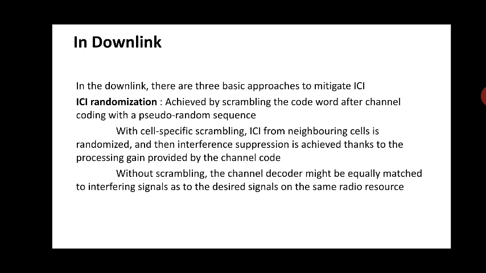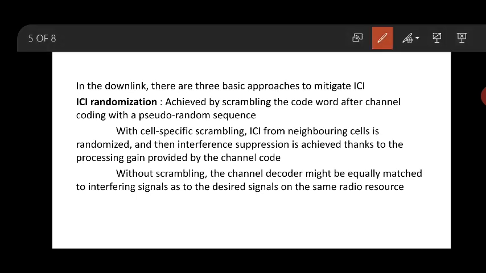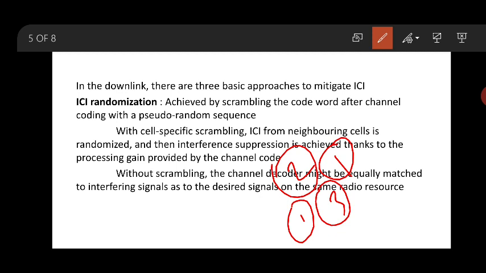Let us take the code word from the corresponding cell, you are in cell number 1. Again I'll take cell number 1, 2 and 3. This is 1. Now cell number 1 has a code word, cell number 2 has a code word, cell number 3 has a code word, and cell number 1 again has a code word.